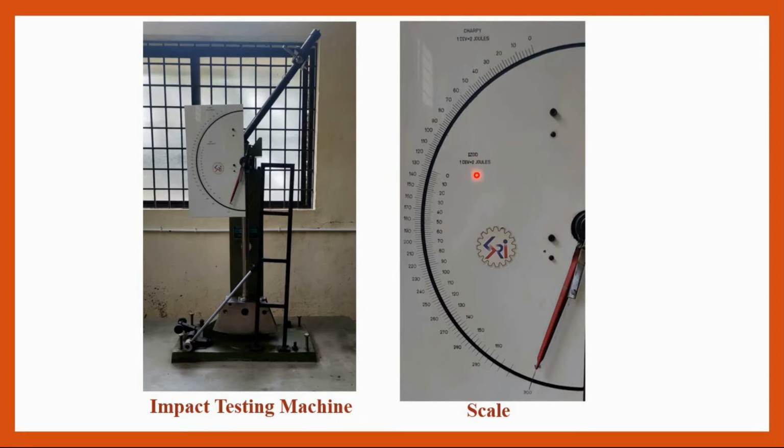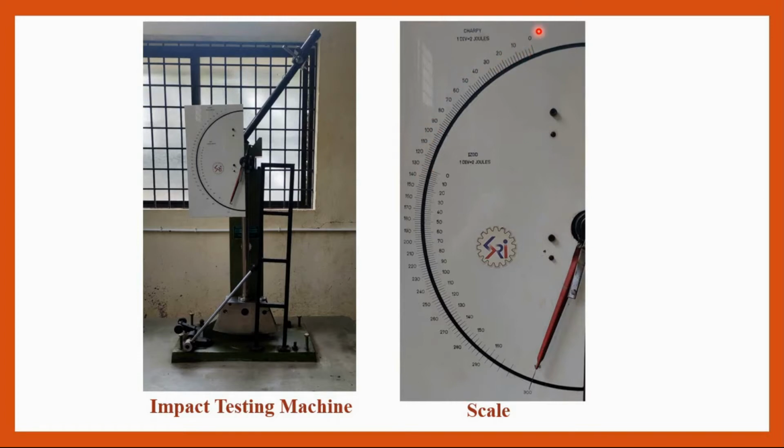And for Izod it is different, the maximum energy is 168. Now, I will discuss only the Charpy, and here it is given that 1 division is equal to 2 joules. That will be the least count of this graduation. Nothing but it starts from 0 to 10. So, each reading shows the least count is 2 joules, 2 joules, 4, 6, 8, 10 like that.